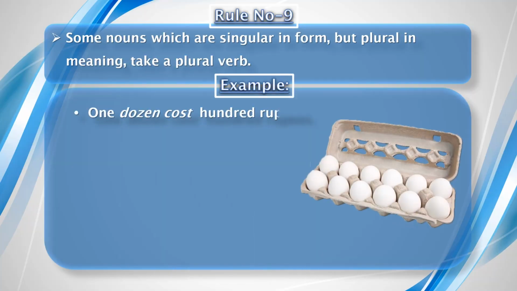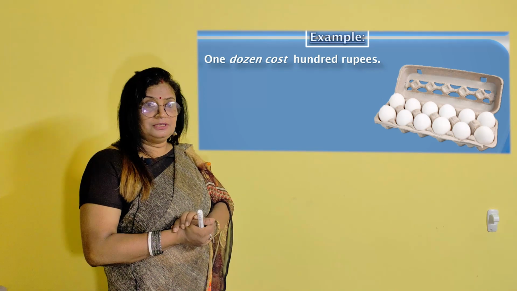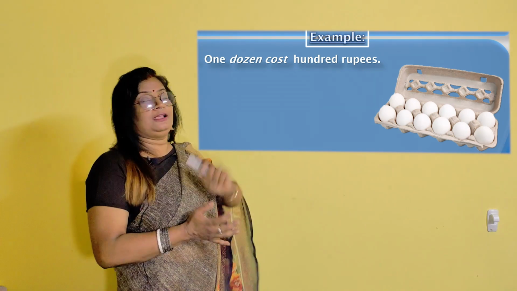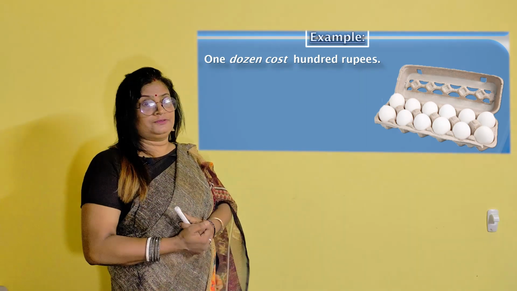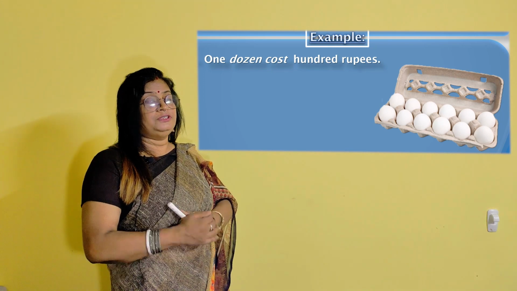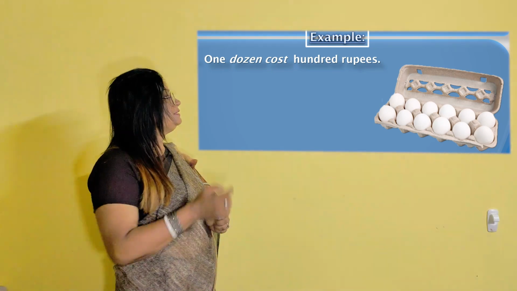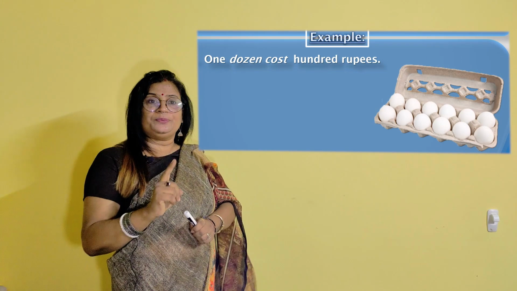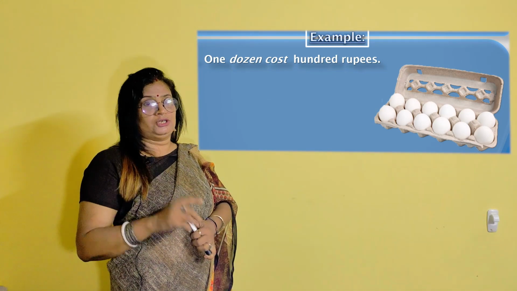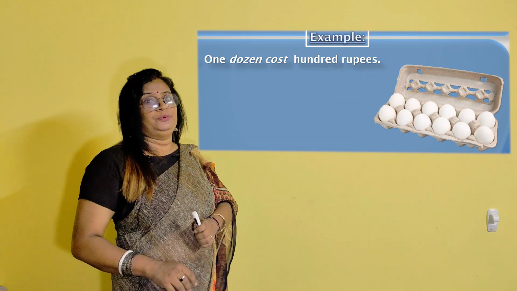One dozen cost 100 rupees. It doesn't seem to be plural, but actually it's plural. So it will take a plural verb, cost, without the S, because though it may seem to be singular, it is not so. Its meaning is plural.